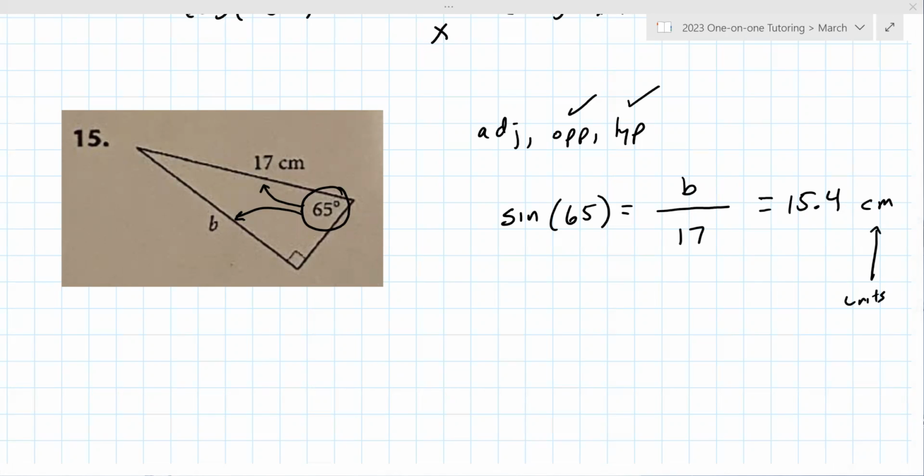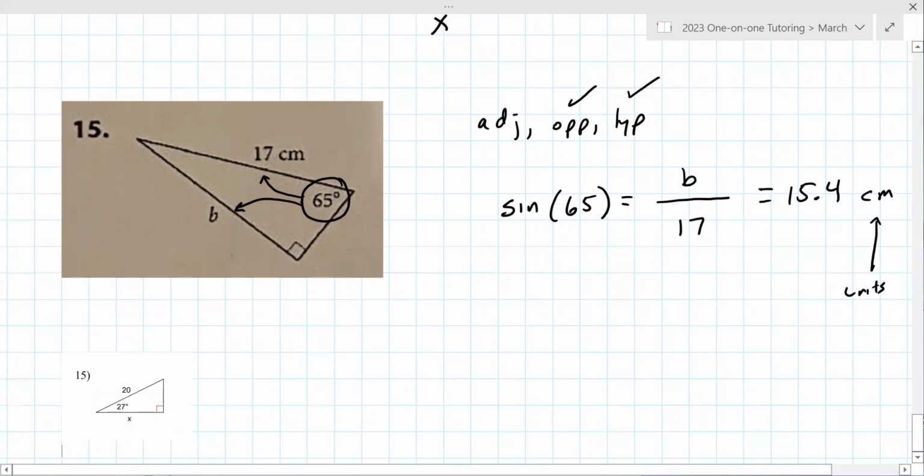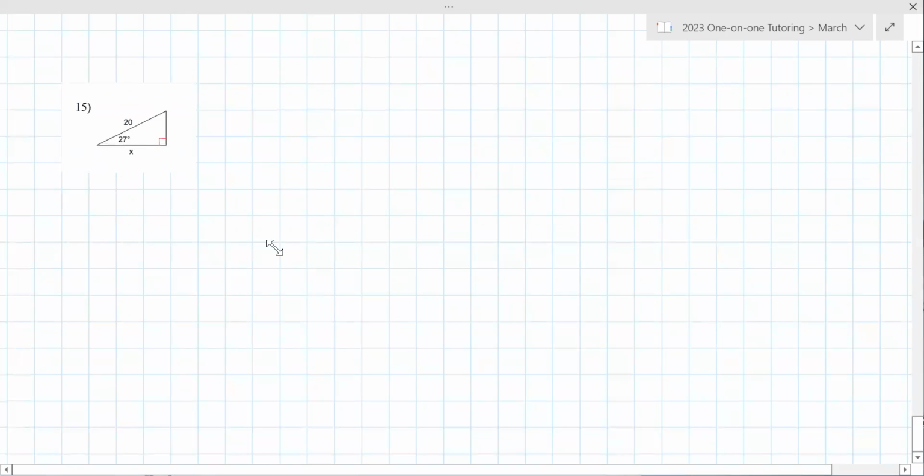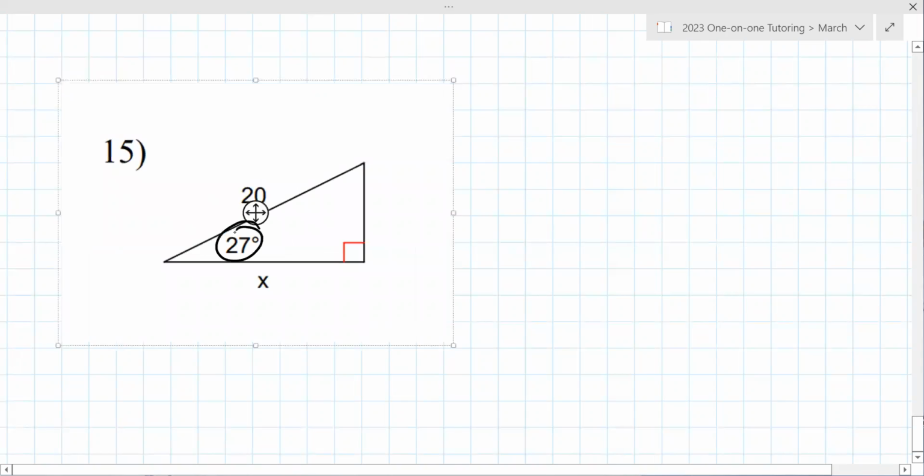Okay, so let me give you another one here for us to look at. So it's the same steps. It's the exact same steps here. You look at the given angle and you ask yourself, what is X, or in this case, what is 20?